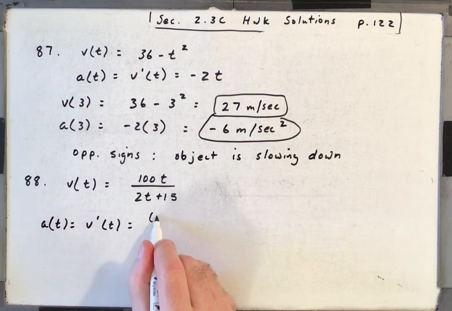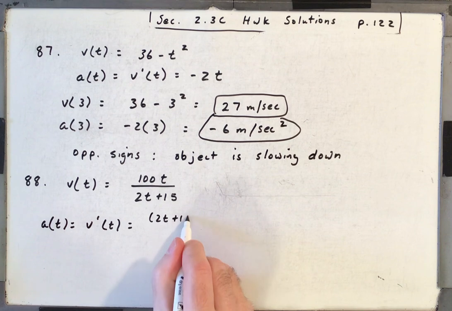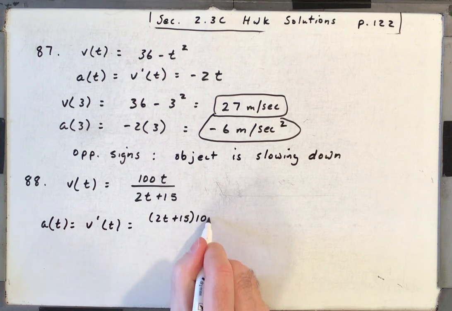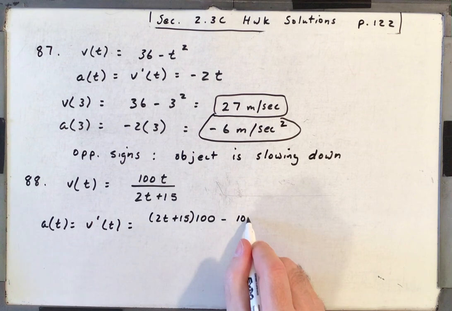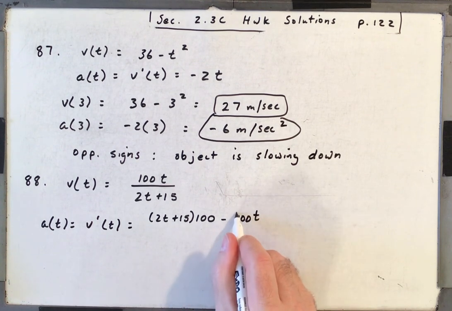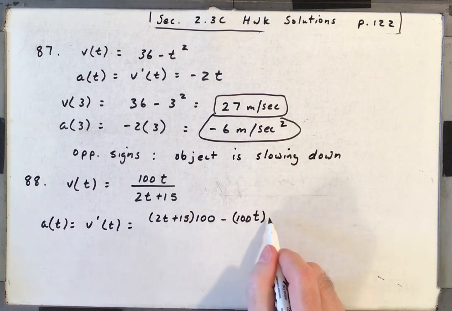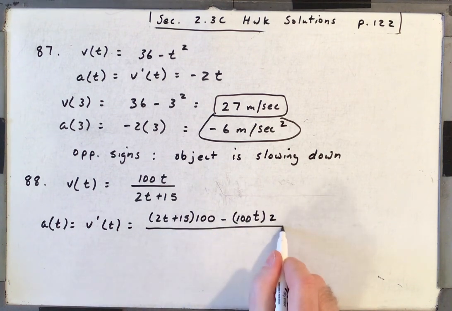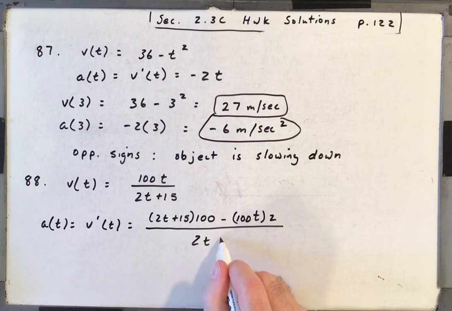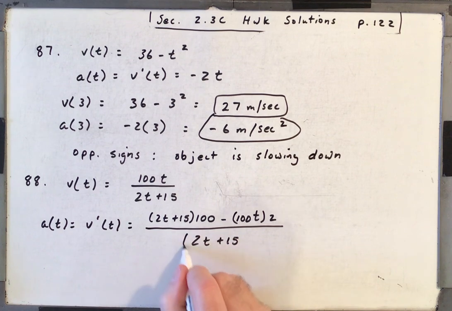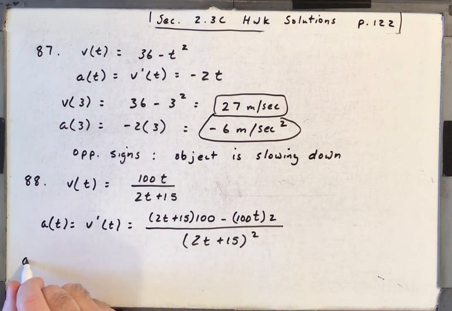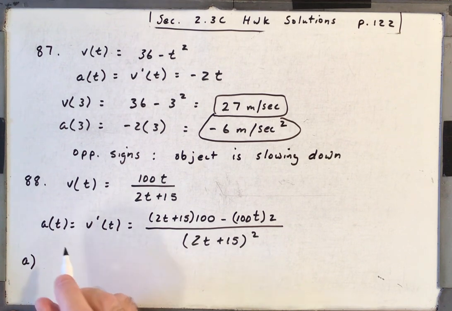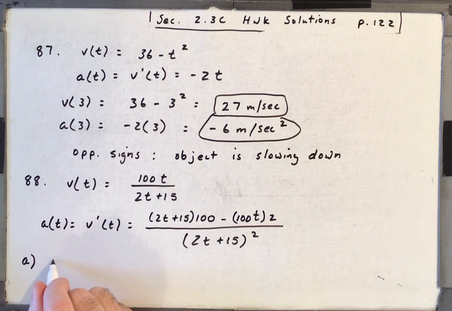It's the bottom, 2t plus 15, times the derivative of the top, 100, minus the top, 100t, times the derivative of the bottom, which would be 2, all over 2t plus 15 squared.